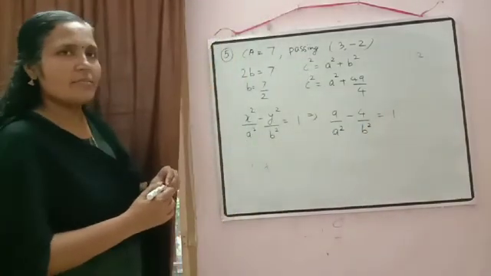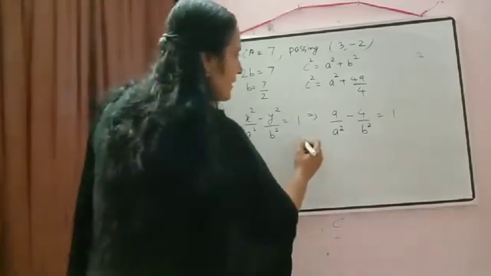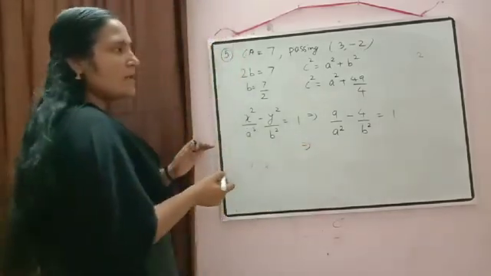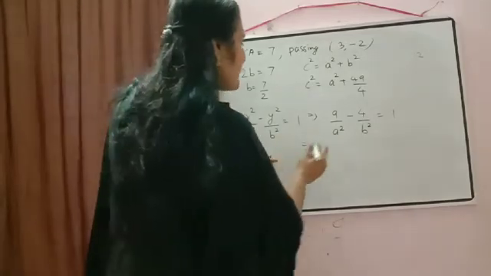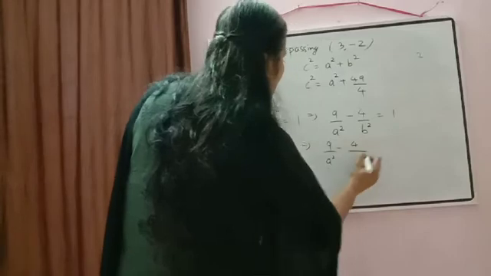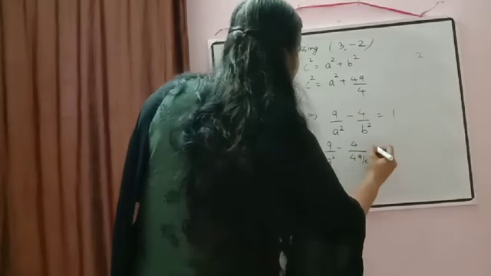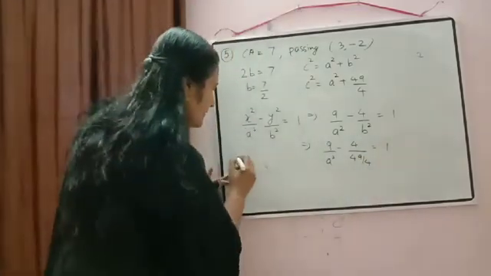So this is the information we have there. So already the value of b square is given. So we can substitute the value of b square here. So we will get b square is equal to 49 by 4, is equal to 1.